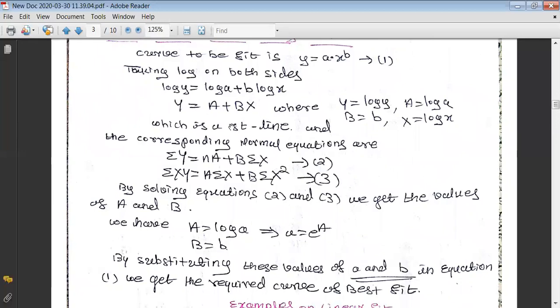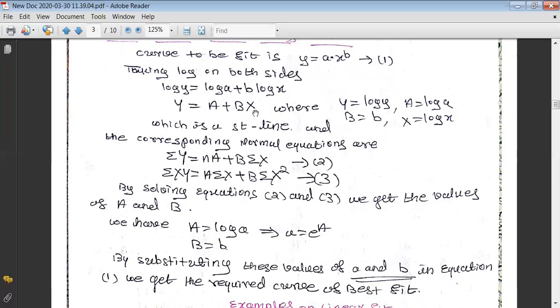To write the first normal equation, let us take the direct summation on both sides. Once we take that, it leads to summation of capital Y equal to small n into capital A, because when capital A is added n times, its value is n times that capital A, plus B is a constant, then take the summation for capital X. In this case, if we observe what x is present in the straight line, that is capital X. It's not a small x.